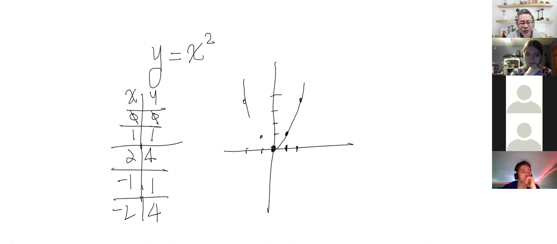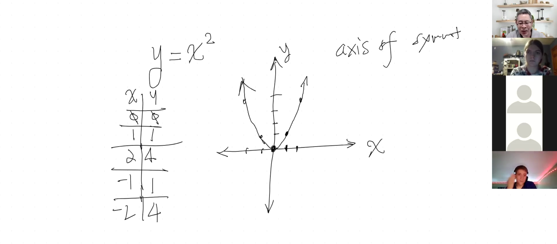Of course, I didn't really do a good job drawing this line. Now you can see that it's symmetrical, in this case about our y axis. This is called the axis of symmetry, sometimes called AOS. The left-hand side and the right-hand side are basically a perfect mirror image.